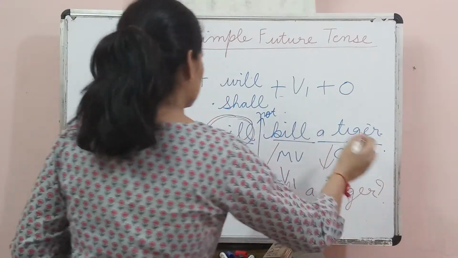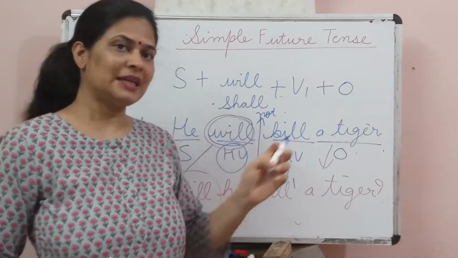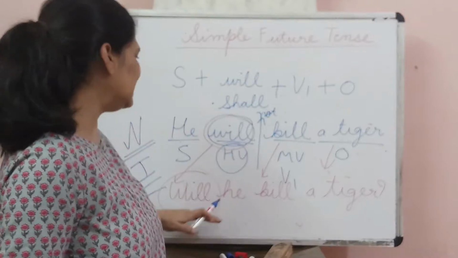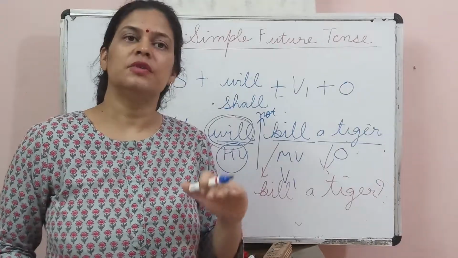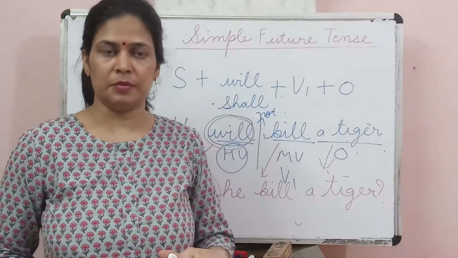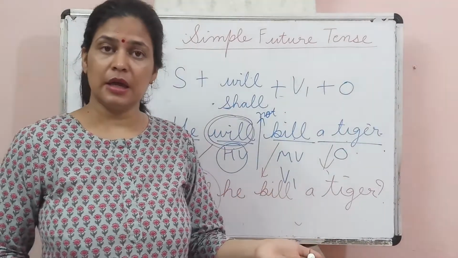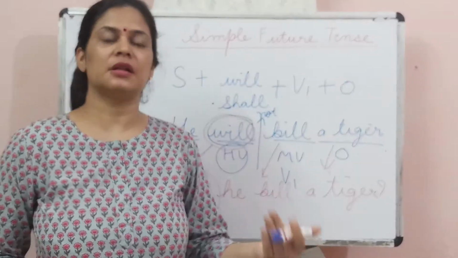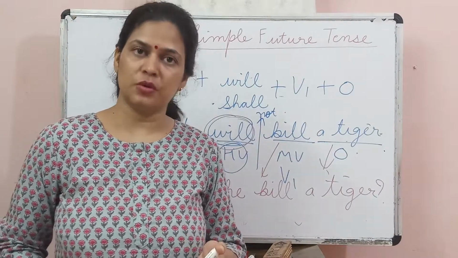So this is the question mark. We see that it begins with will and ends with a question mark. So will he kill a tiger is a normal question which begins with the helping verb. We can also have who will kill a tiger, and we have he will kill a tiger. So that form of question making is also correct.